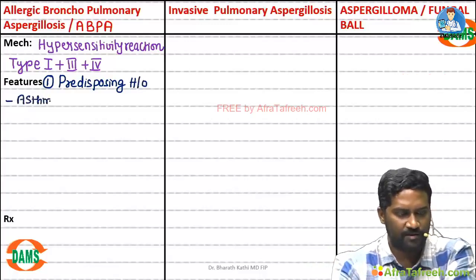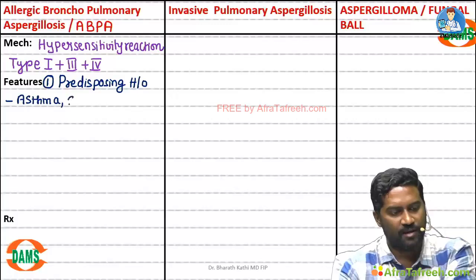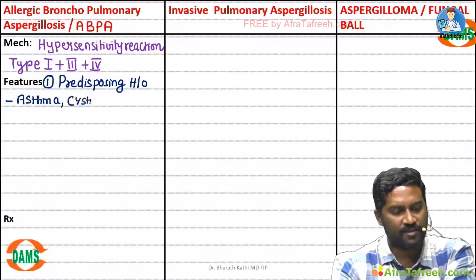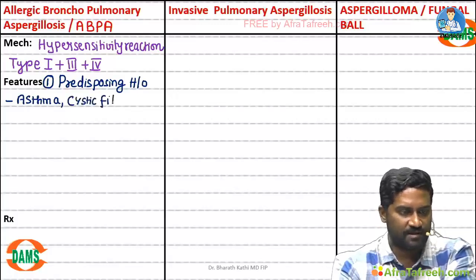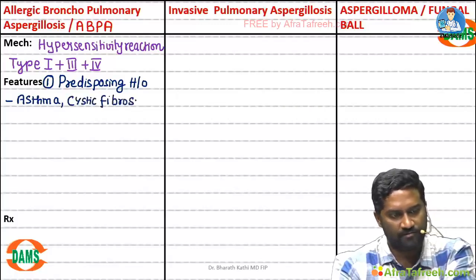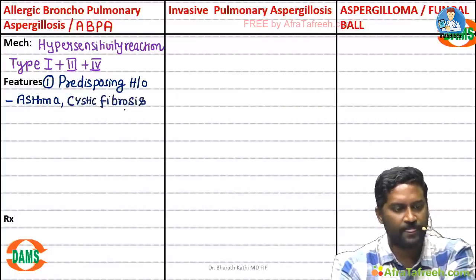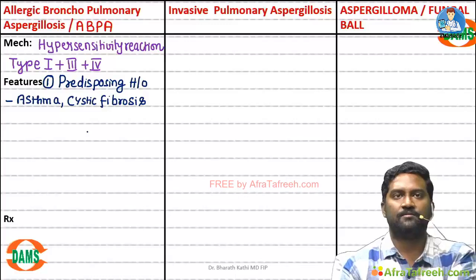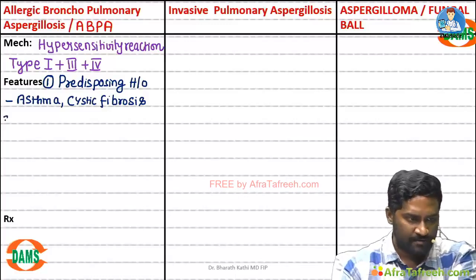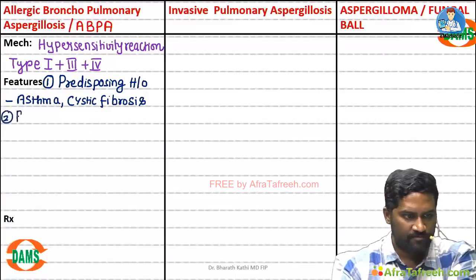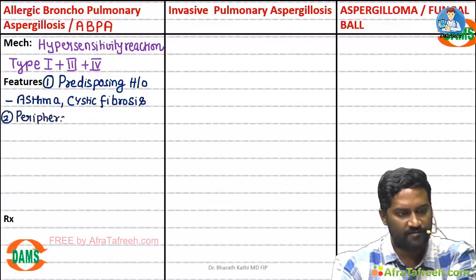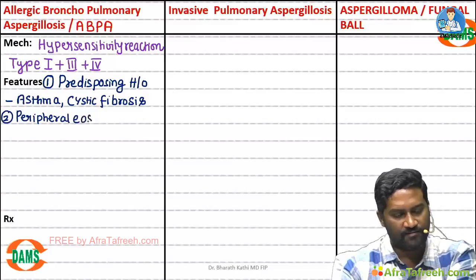The majority of ABPA patients have asthma, and recent studies have shown that patients with cystic fibrosis can also develop ABPA, but in the majority it will be asthma. Second, there will be peripheral eosinophilia, excess eosinophils within the blood.